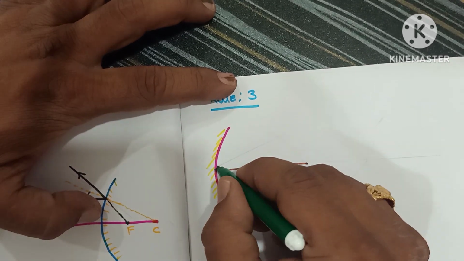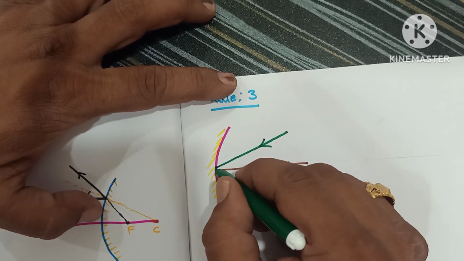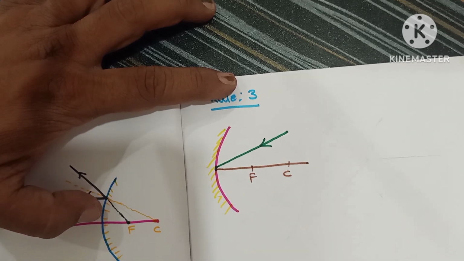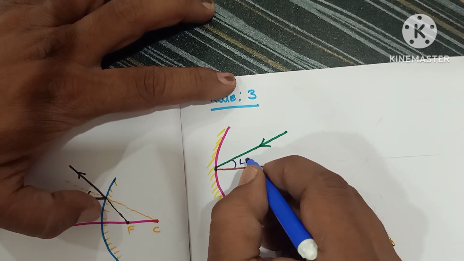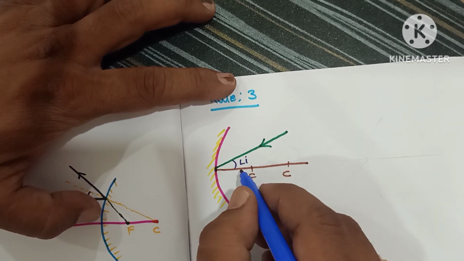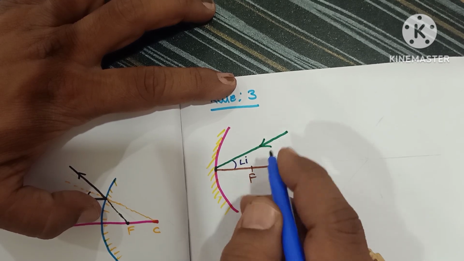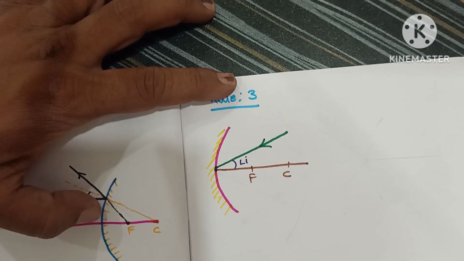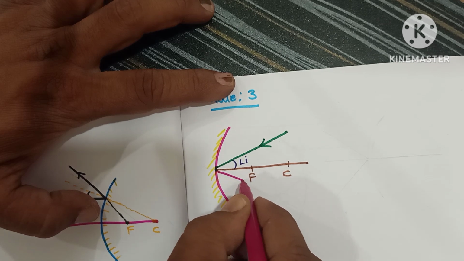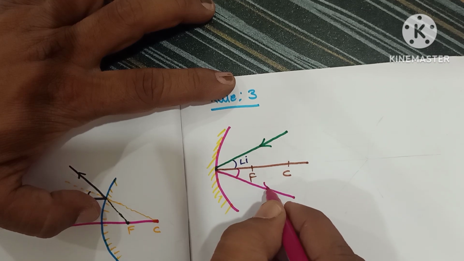Now I am considering an incident ray which is incident at the pole of the mirror, and this is the angle of incidence, angle I. Okay, and the principal axis itself acts as a normal, so for this normal there is an incident ray on one side and there will be a reflected ray on the other side, that is the downside. Now if we draw a reflected ray with the same angle of reflection as the angle of incidence, we get this one as the reflected ray.